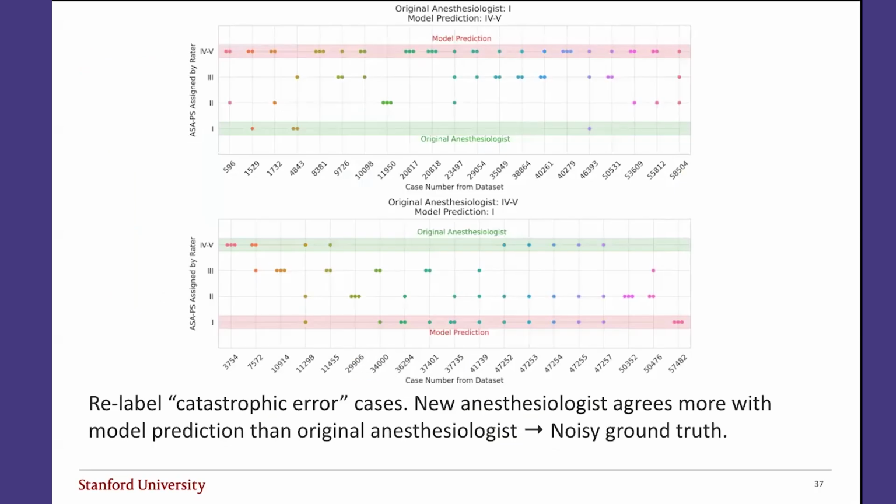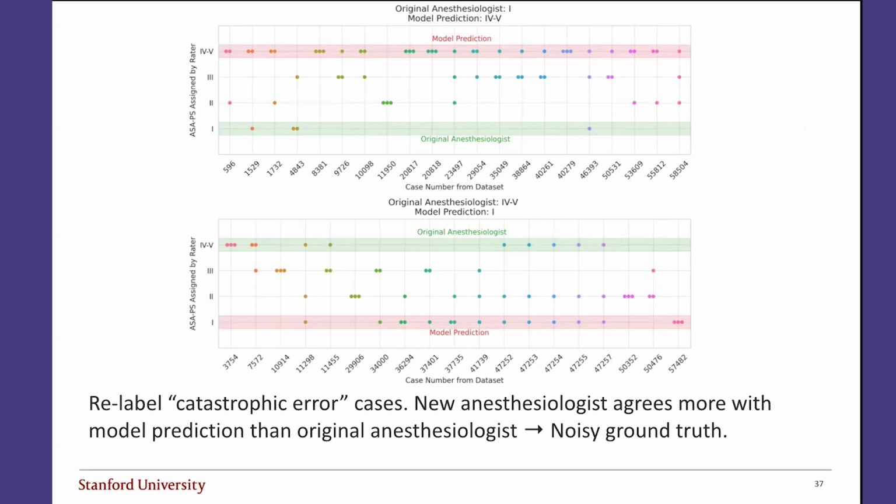So we did a study where we took these catastrophic error cases. On these plots, the red bar represents what the model's predicting, and the green bar represents what the original anesthesiologist wrote down in the electronic health record. We took 3 new anesthesiologists and said, assign a new ASA class to this without knowing what the model is predicting and without knowing what the original anesthesiologist put down.